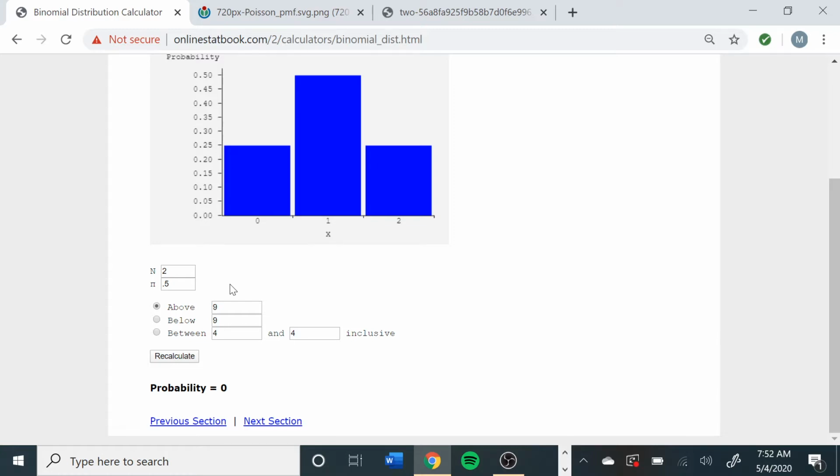We'll say getting heads is a success. There's a 50-50 chance of getting heads, so the probability is 50%, which is 0.5. That's why I have 0.5 listed here for pi.